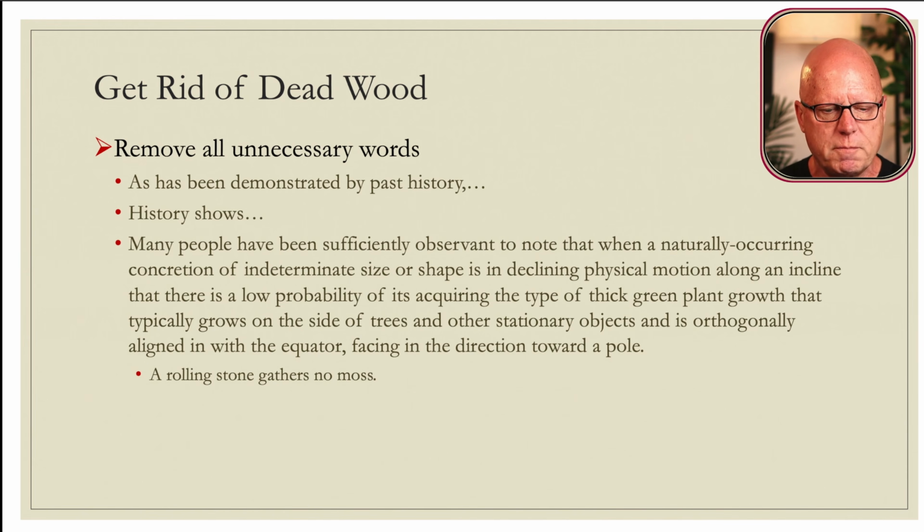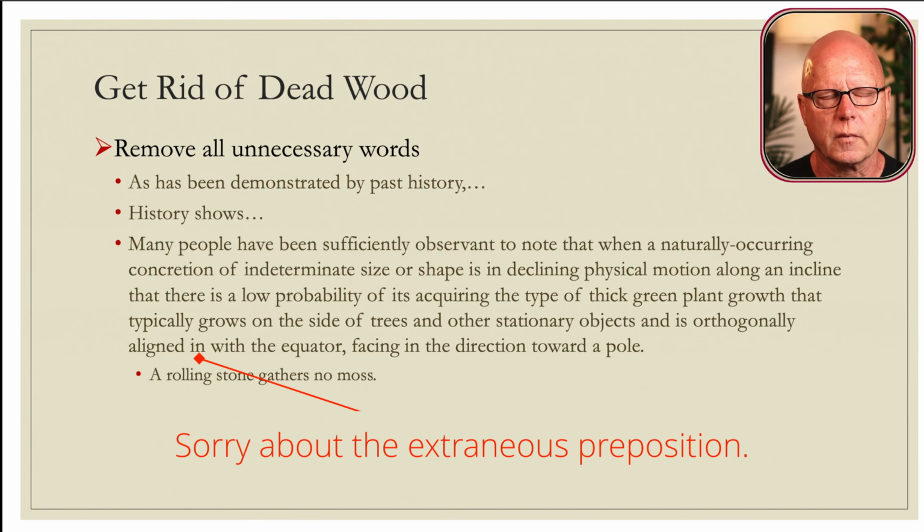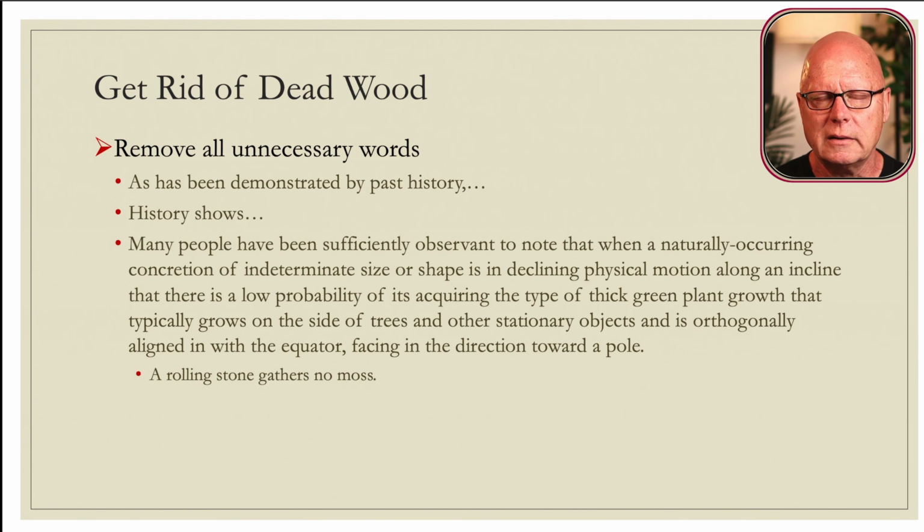Or, "many people have been sufficiently observant to note that when a naturally occurring concretion of indeterminate size or shape is in declining physical motion along an incline, there can be a low probability of its acquiring the type of thick green plant growth that typically grows on the side of trees and other stationary objects and is orthogonally aligned with the equator facing in the direction toward a pole." All right, blah, blah, blah. What that means is, a rolling stone gathers no moss.